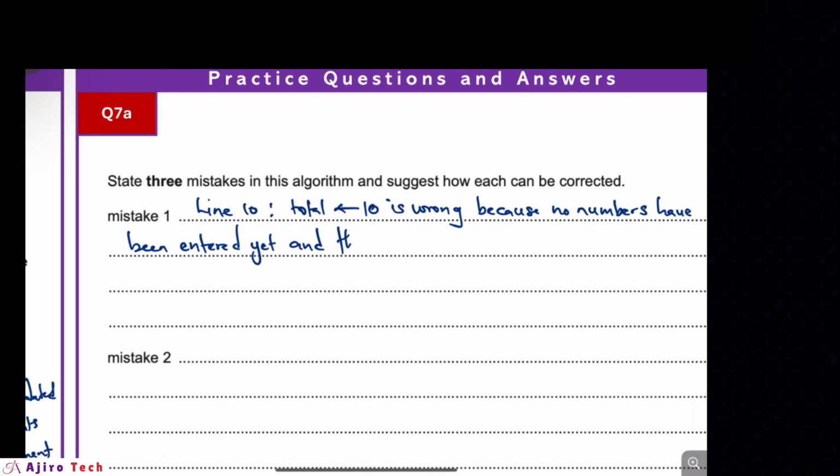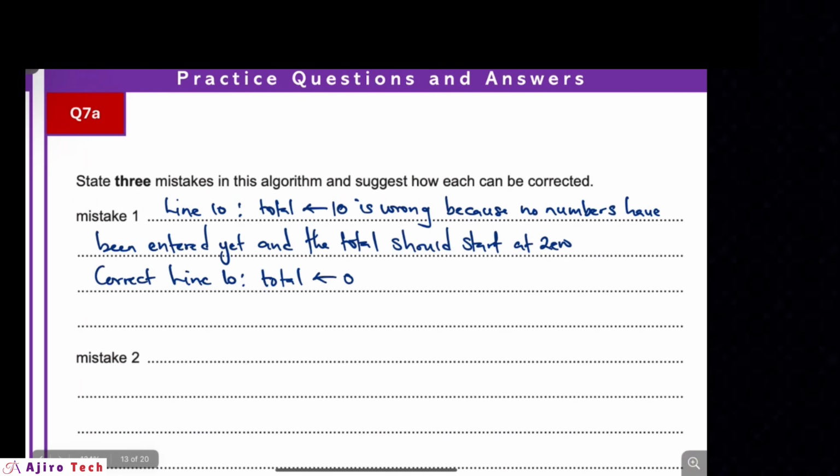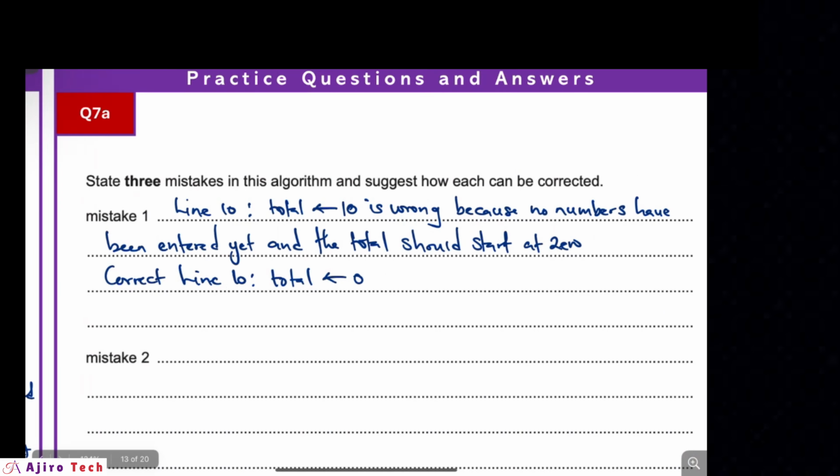And the total should start at what? 0. So correct line 10 should be what? Total equals 0. So that's how I do it.